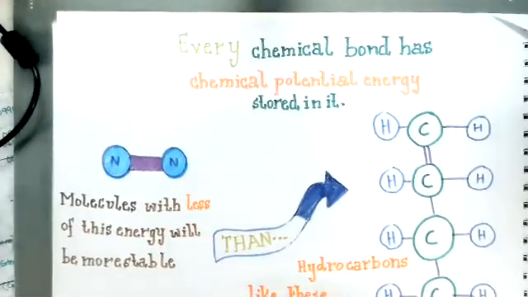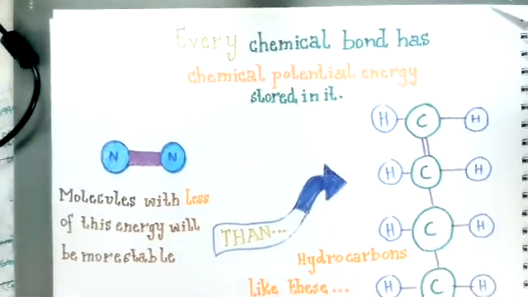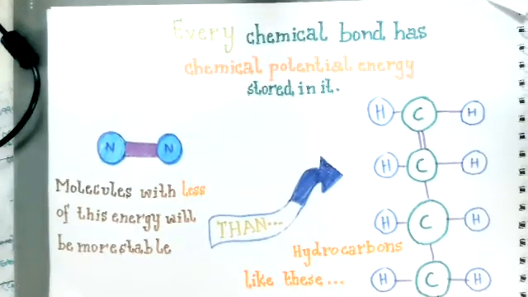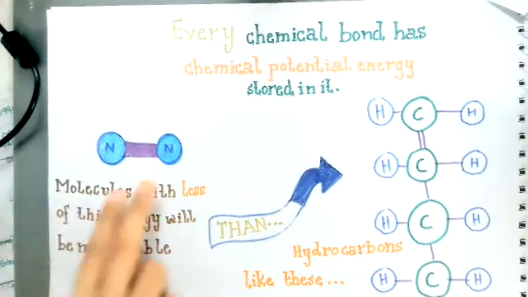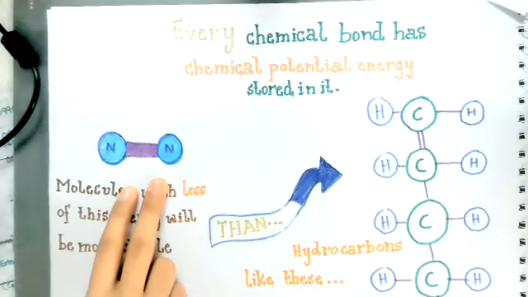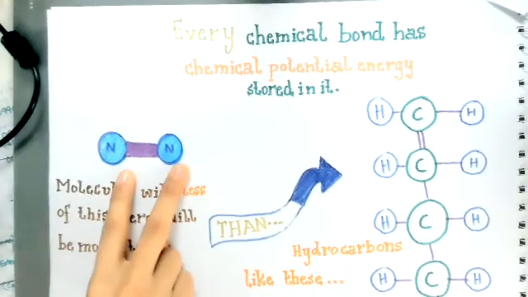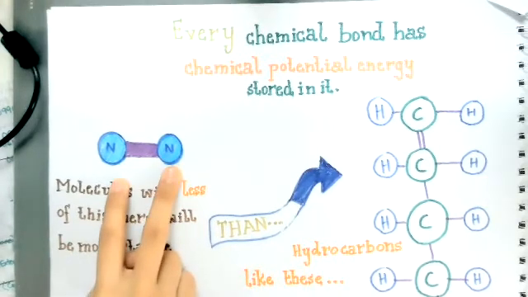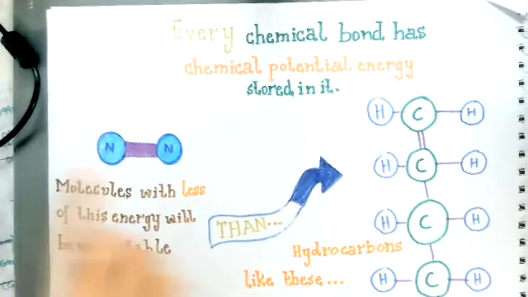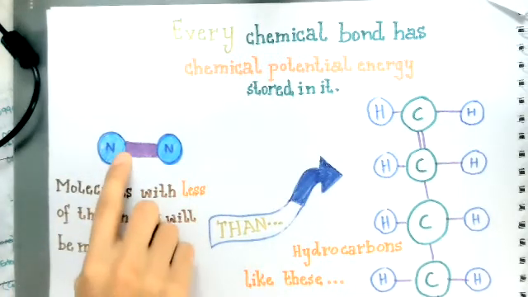First of all, we know that every chemical bond has chemical potential energy stored in it, right? So molecules with less of this energy will be more stable than larger molecules which have more bonds and so more chemical potential energy. I have nitrogen here, so a molecule of nitrogen has three bonds.